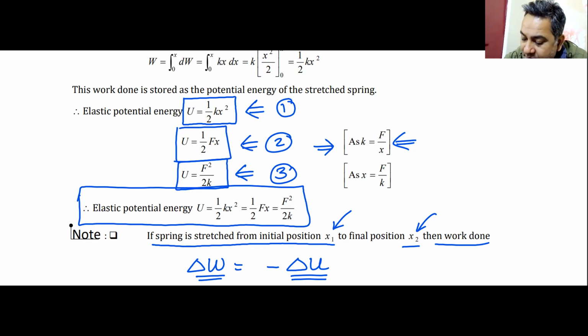So it will be equal to, it is written here wrongly, so I'll just correct it. So I will just write it here, minus of half k x2 squared minus x1 squared. That would be the way that you should write it. Otherwise, you will get confused.